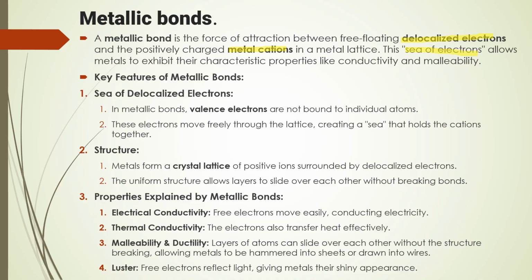Dipole-dipole attraction is of moderate strength. London dispersion is the weakest, then dipole-dipole is moderate, and it happens between polar molecules. The cause: the positive end of one polar molecule aligns with the negative end of another, resulting in electrostatic attraction.